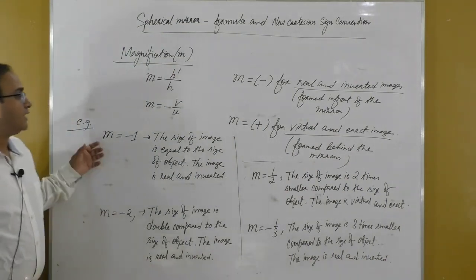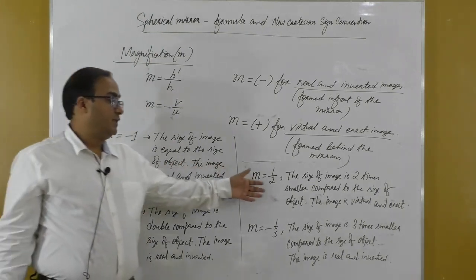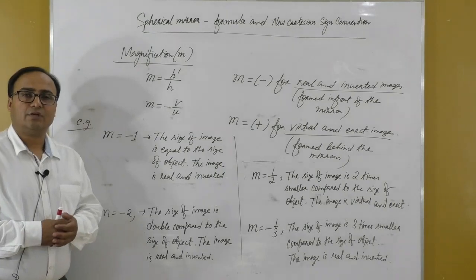This concept of magnification, how to use positive and negative sign, and what is the meaning of these different values, you should know that this will definitely help you in solving numericals.